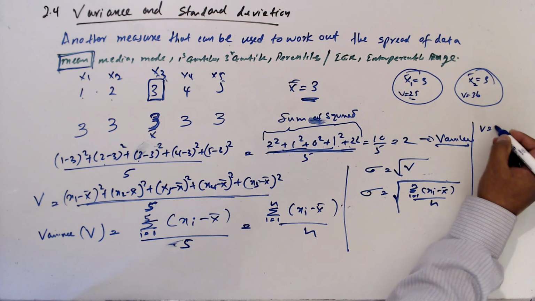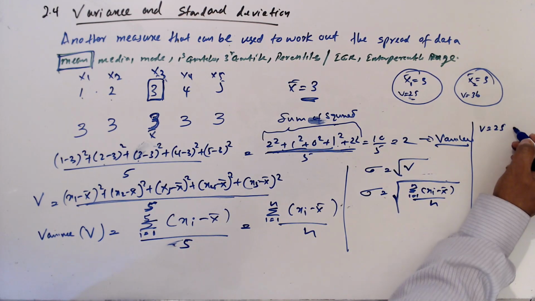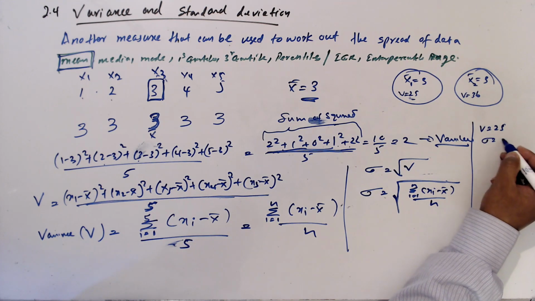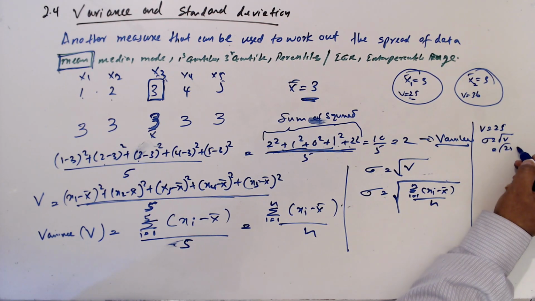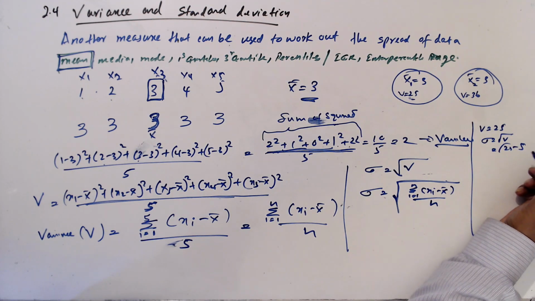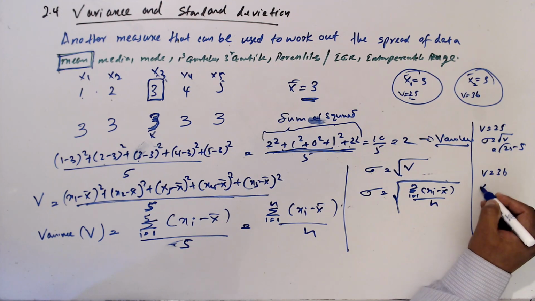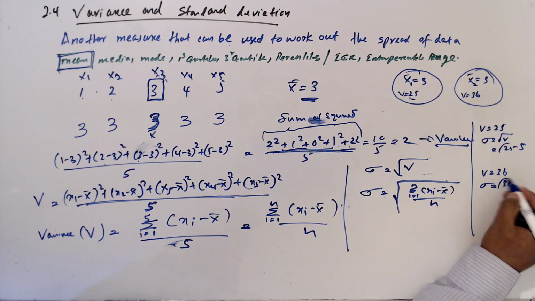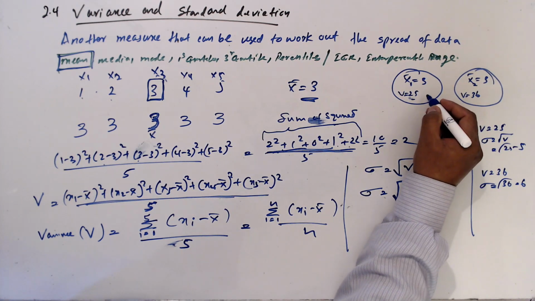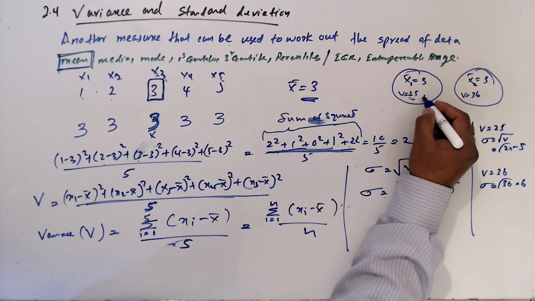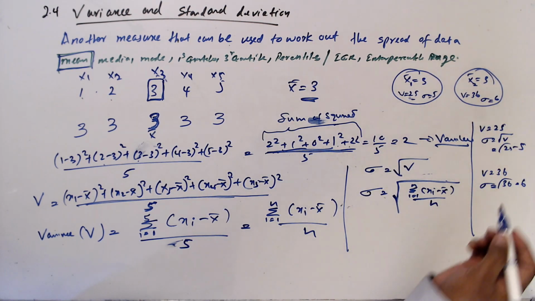So v is 25, and the standard deviation is the square root of v, which is the square root of 25, it is 5. And when v equals 36, sigma is the square root of 36, that is 6. So this sigma is 5 and this sigma is 6.